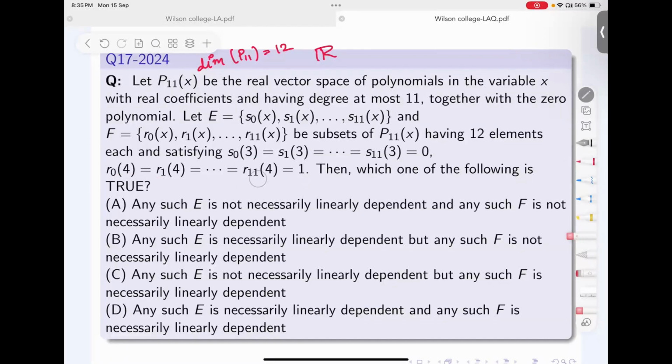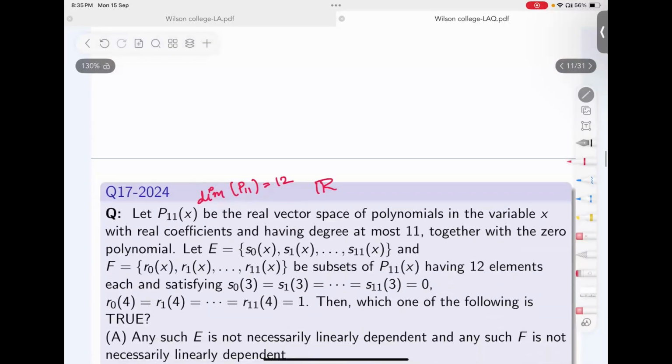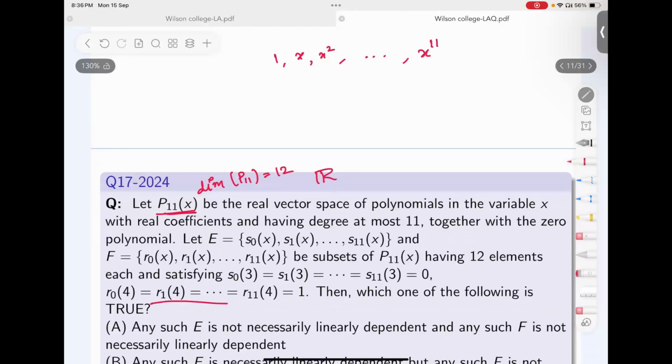Let's see the second set first, this F. The set 1, x, x square, up to x to the power 11 is a basis for P11(x), right? The only problem is they may not satisfy this condition.